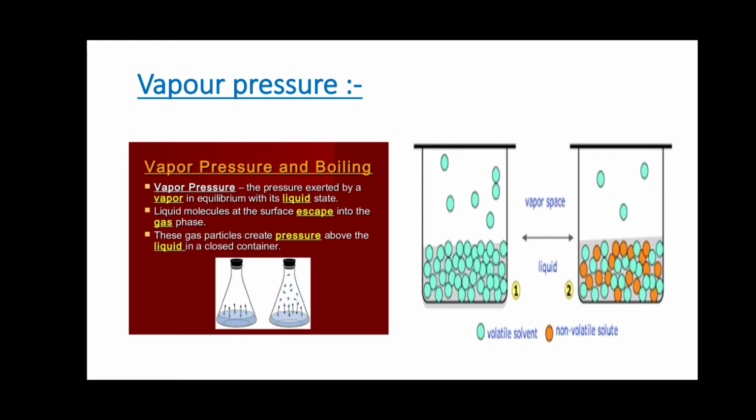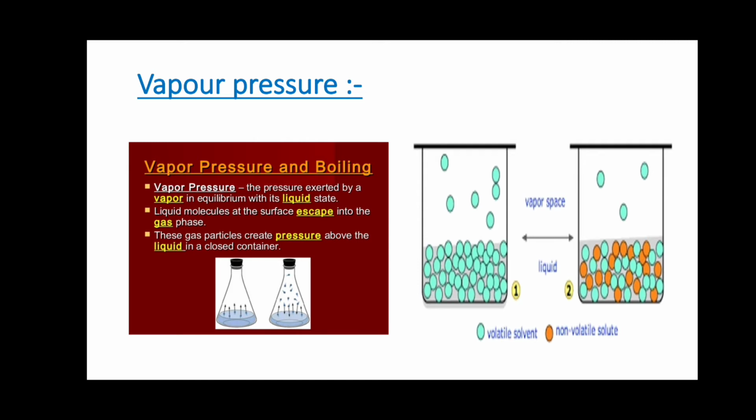To create the vapor pressure, the solvent or solute must be volatile. One of these substances must be volatile. Volatile substance means the substance which easily evaporates, the substance which creates vapors. For example, in a solution, volatile solvent means the solvent easily evaporates, easily converts from liquid to vapors.